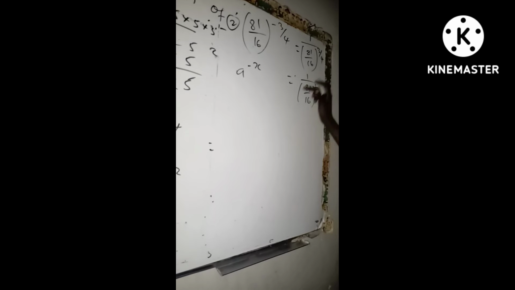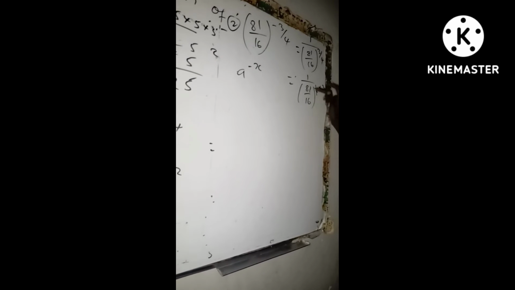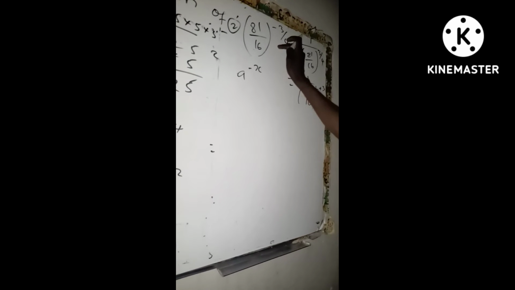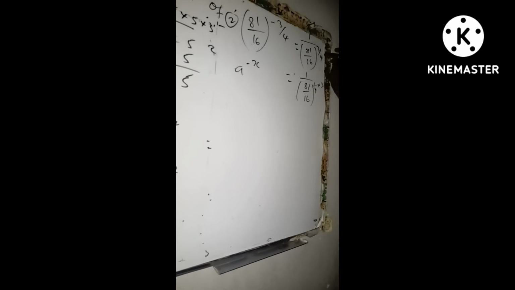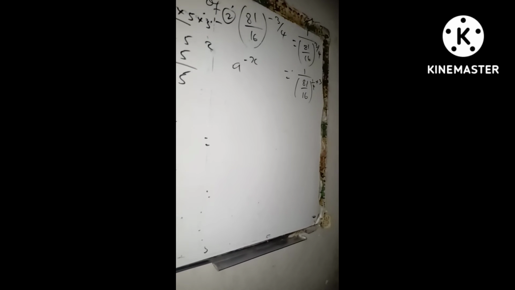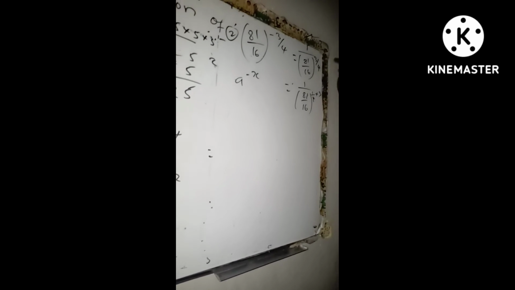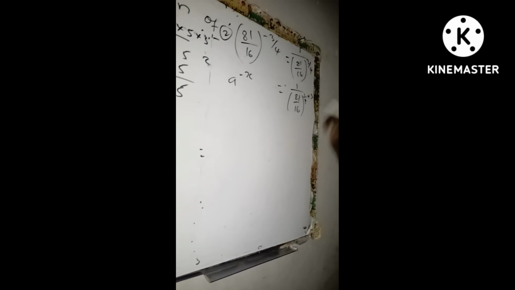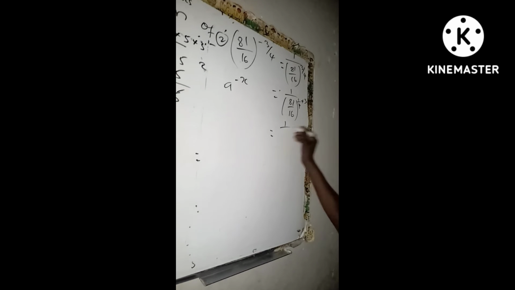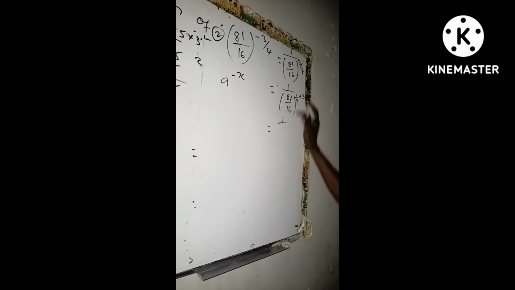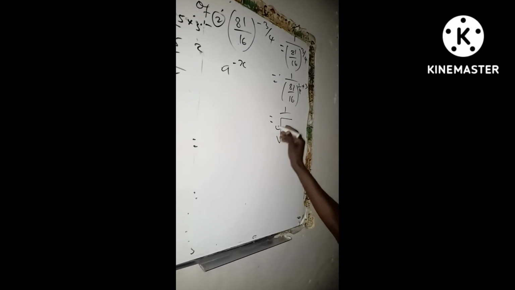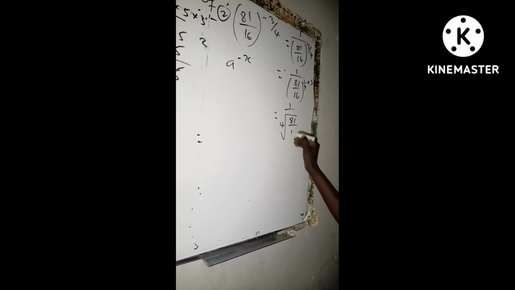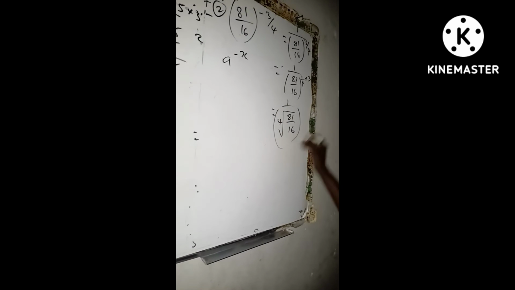The whole of this is now the 6th law of indices, and it has been transformed to the fractional form of the 7th law of indices. And if it is true, it means that it can be written as the 4th root of 81 over 16, all to the power of 3.